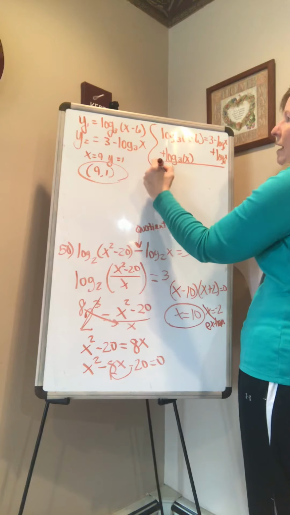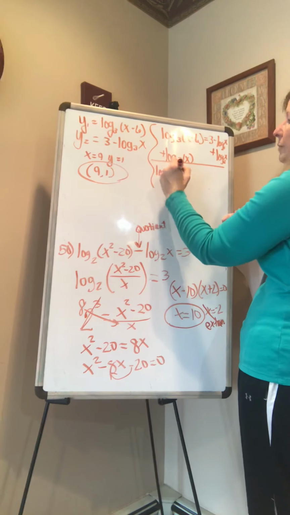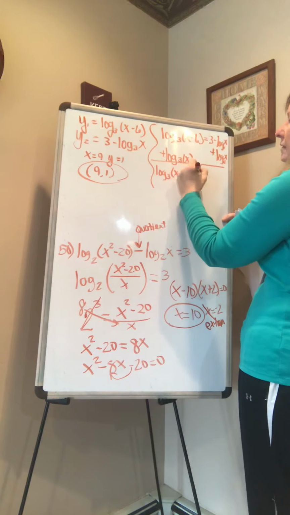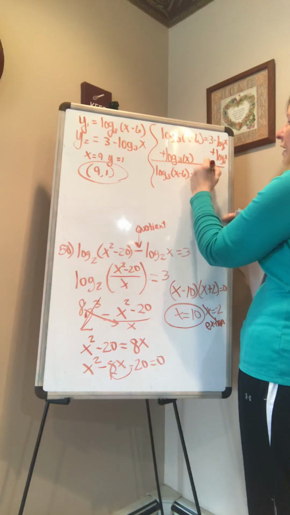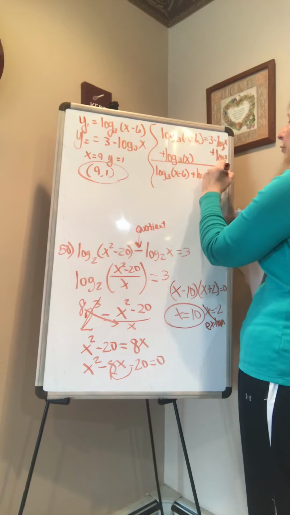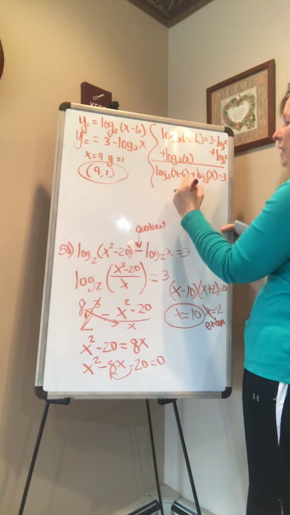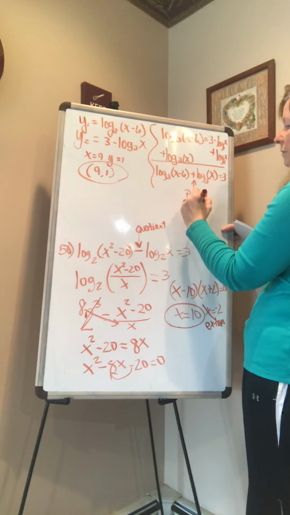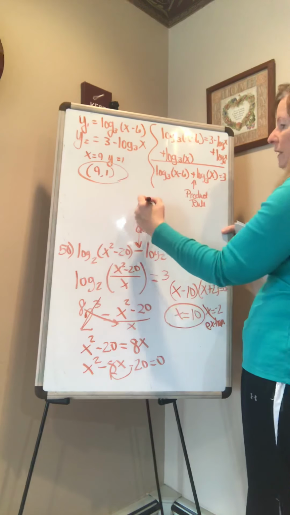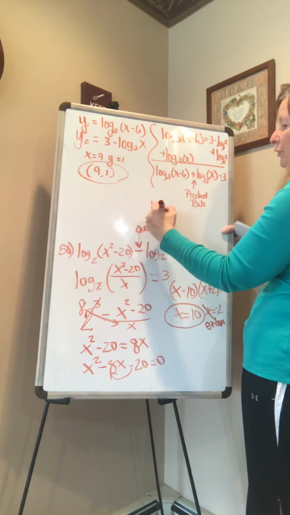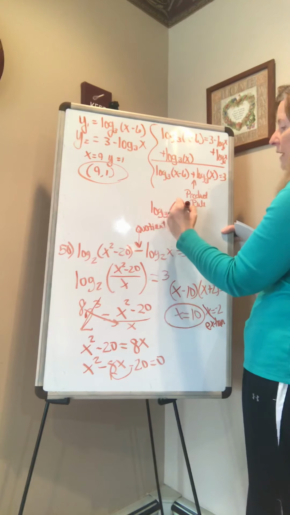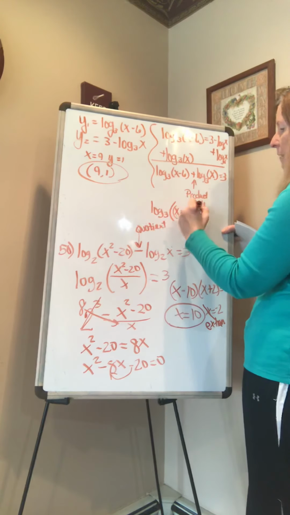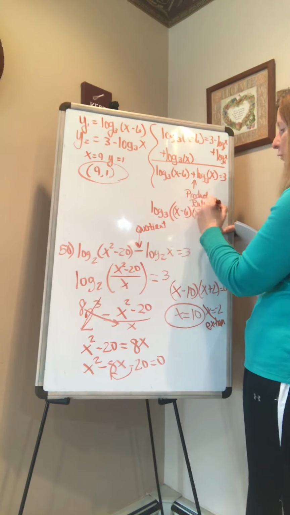I get log base 3 of x minus 6 plus log base 3 of x equals 3. This is the product rule. And this would give me log base 3 of x minus 6 times x equals 3.